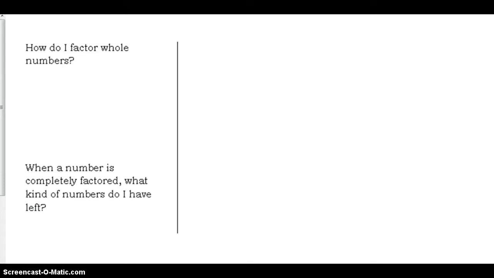The first question we have is, how do I factor whole numbers? And the two ways that we remember from previous years in math are prime factorization or a factor tree.